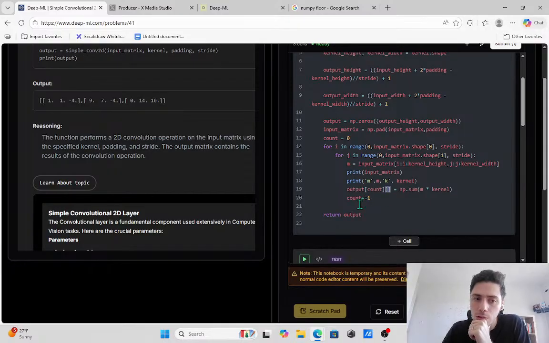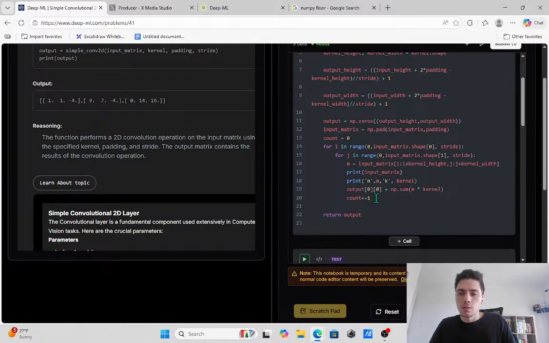Then it should be 0, 1, and then 1, 0, and then 1, 1. Trying to think, so you can make this 0 and 0. That doesn't seem right. If I use i or j, it gets 0, then it's 2, so it'll be out of range.